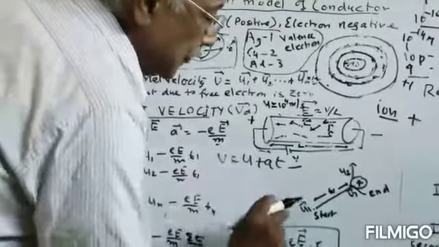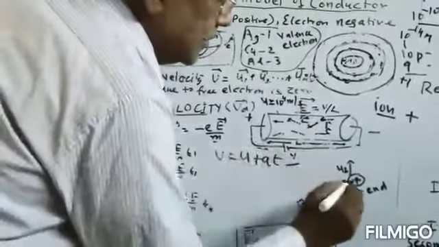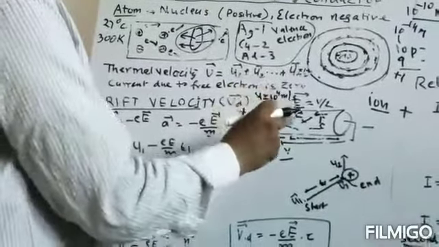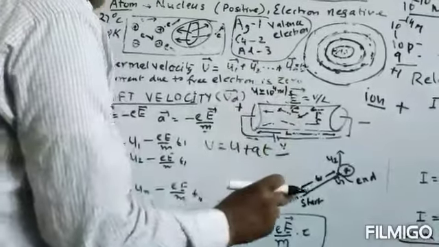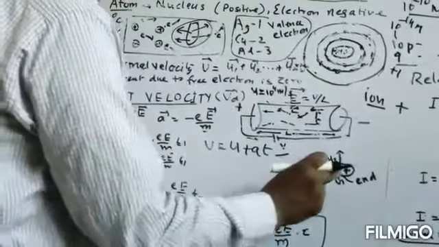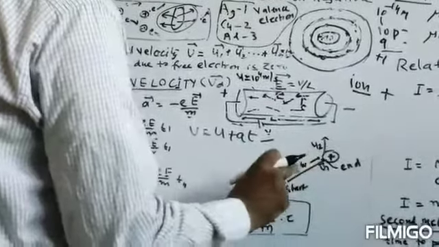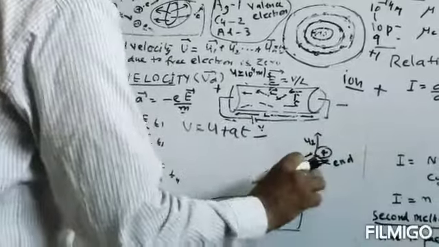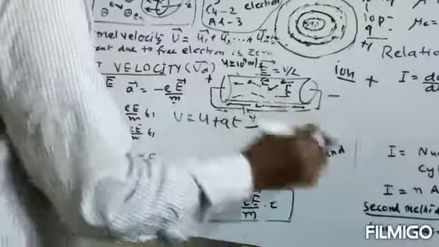Its velocity is u1 in this direction. Here there is a positive charge, and it will collide with it. The electron is accelerated, but it will collide with this molecule. Suppose t1 is the time taken for this. Here the velocity will be equal to v1. When it collides with the positive ions, it will lose energy.